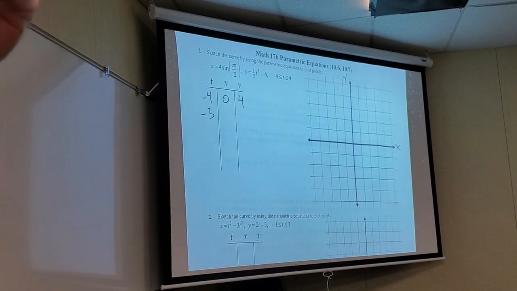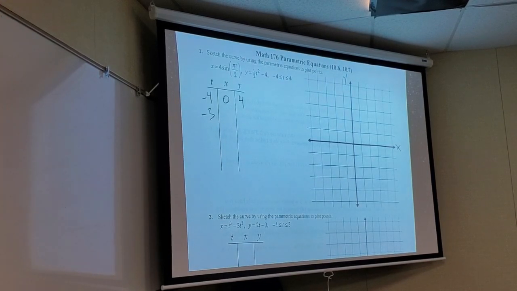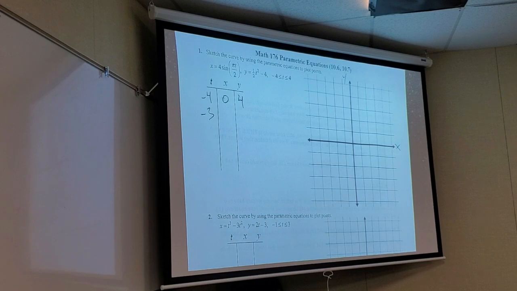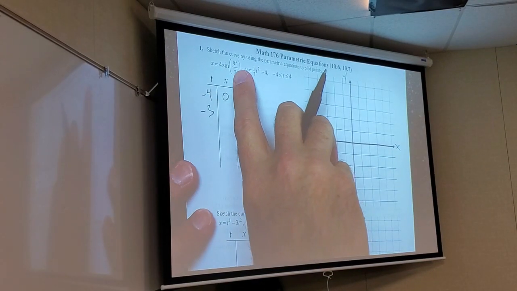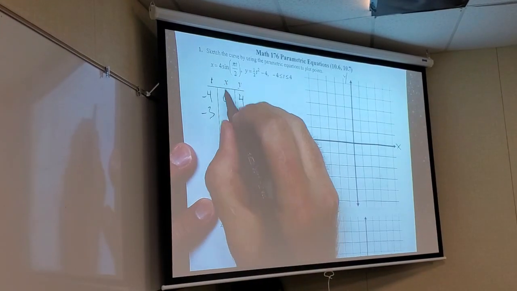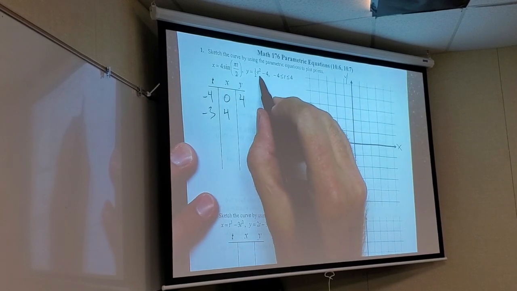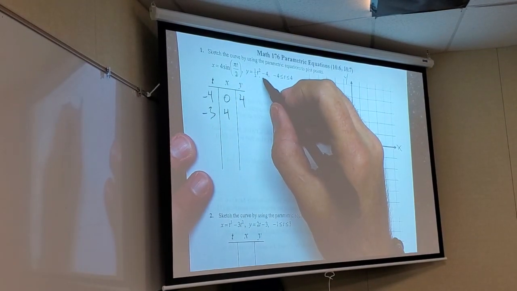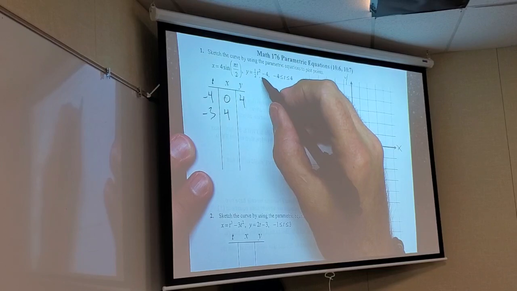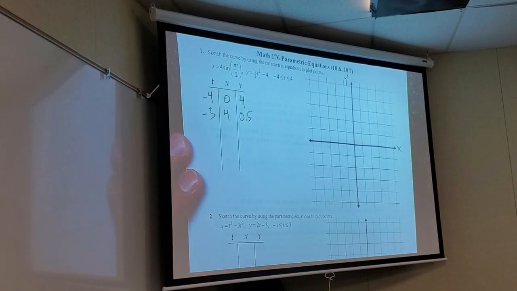If I go back 3 pi over 2, 1 pi over 2, 2 pi over 2, 3 pi over 2. So what is sine here? 1. So I get 1 times 4. 4. That's crazy. And if I put a -3 in there, it's going to be a little bit more gross, but oh well. -3 squared is 9, divided by 2 is 4.5, minus 4 is 0.5. Is everybody decent with that?